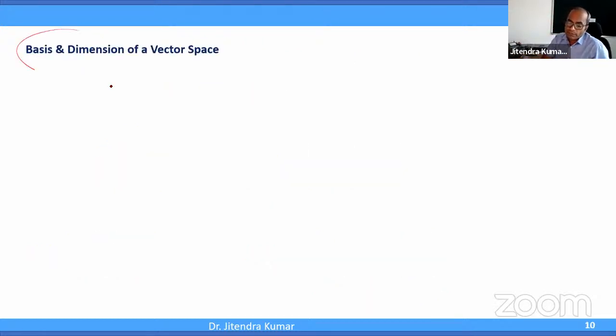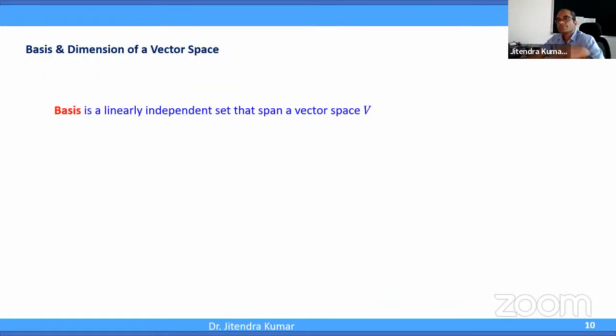Now I can come easily to the basis and the dimension of a vector space, which is a very important concept. A basis is a linearly independent set that spans a vector space V. So first of all, the basis is a spanning set.